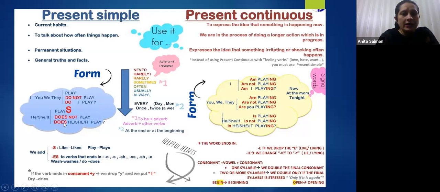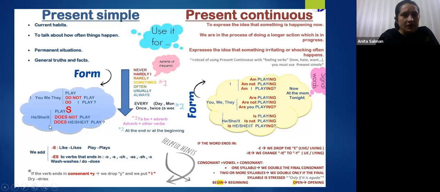For negative, instead of do not, you will use does not if your subject is he, she, it, or singular: he does not play, she does not play, it does not play. To make the sentence interrogative, does comes at the beginning, before the subject, like does he play, does she play, does it play, right?